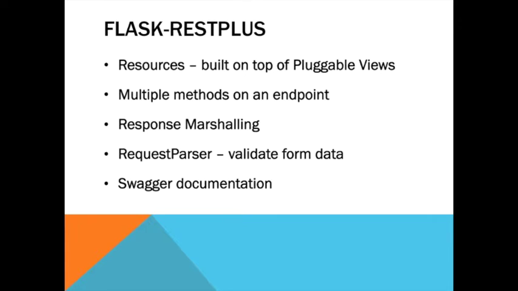And last but not least, it has a very good integration with the Swagger documentation. Swagger documentation is basically documenting your API. Usually with APIs, you need to have a source and a destination to show how an API would work.